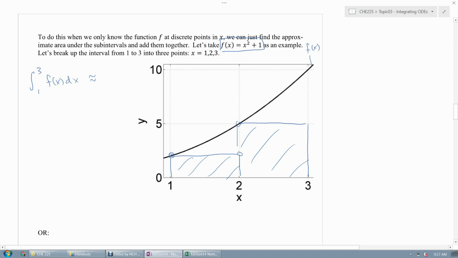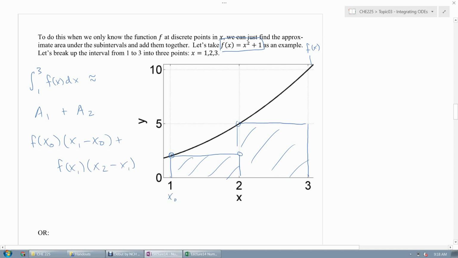So our integral is approximately equal to the first area plus the second area, or in this particular case, f of x0 times x1 minus x0, plus f of x1 times x2 minus x1.